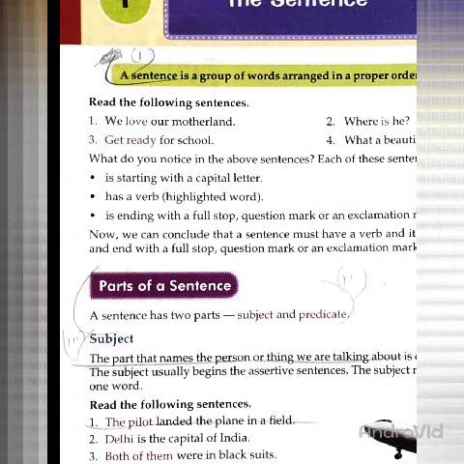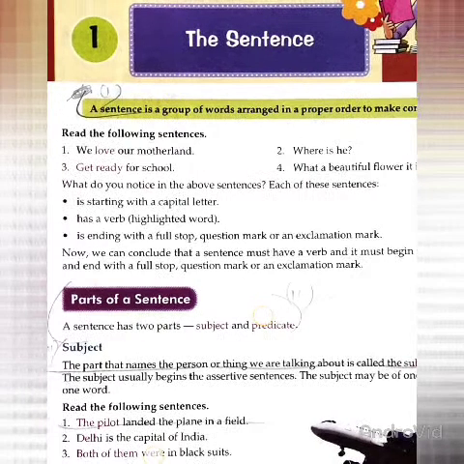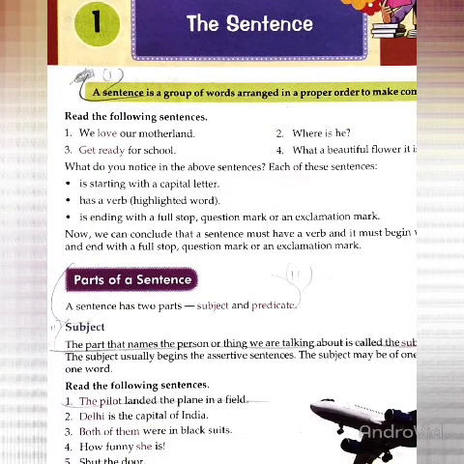Starting with a capital letter, has a verb, and ending with a full stop, question mark or an exclamation mark. So these three things should be there in a sentence. First one is capital letter होना चाहिए सब सेंटेंस के स्टार्ट में. Second, verb होना चाहिए. And third one is a sentence has to end with a full stop, question mark or an exclamation mark.